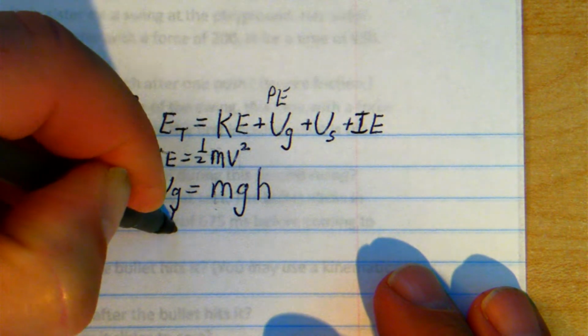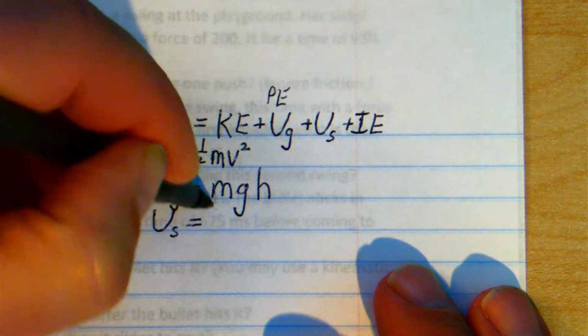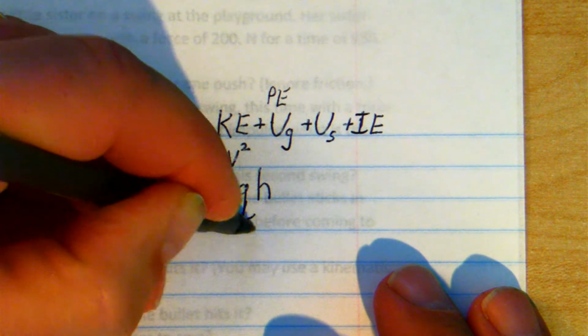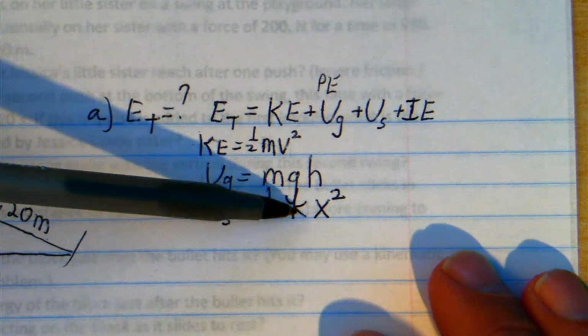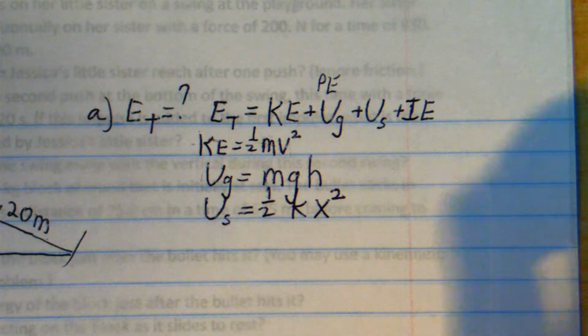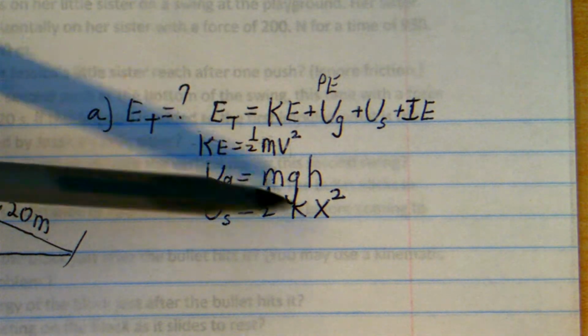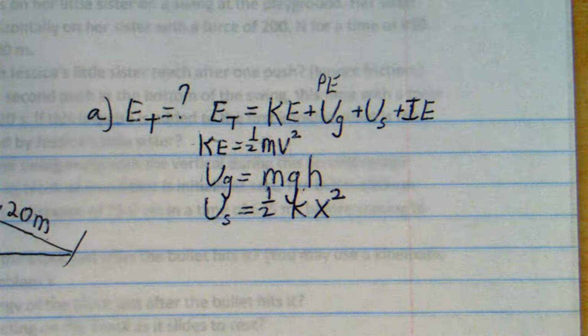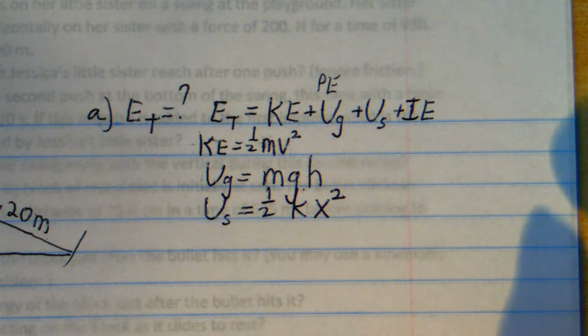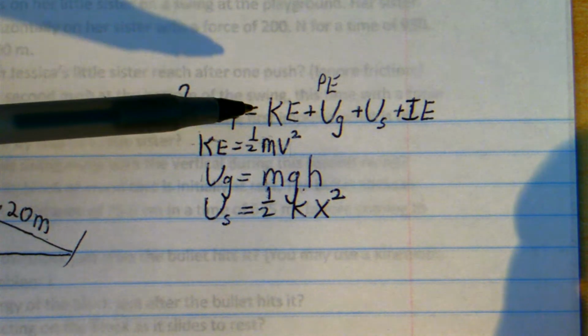If there were a spring present, then its formula would be 1/2 times k times x squared, where k is called the spring constant, how much force it takes to stretch it per meter, force per meter. And x is the amount that the spring is stretched or compressed from its rest length.